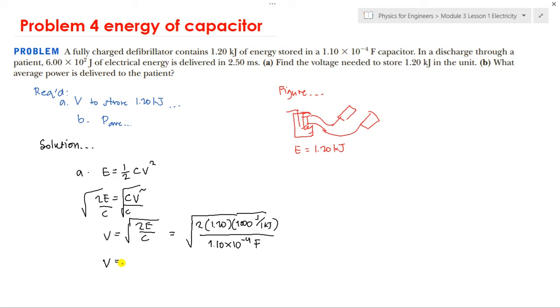That would be square root of 2 times 1.2 times 1000 divided by 1.1 times 10 to the power of negative 4. So the answer here is 4670.99 volts.